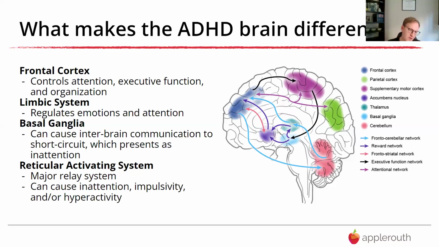We've also got the system that regulates emotions and attention, differences in the basal ganglia, and then the reticular activating system. So, right, seeing and then interpreting what you see into thoughts and actions. All of this results in lack of focus, so inattention, impulsivity, and/or hyperactivity.